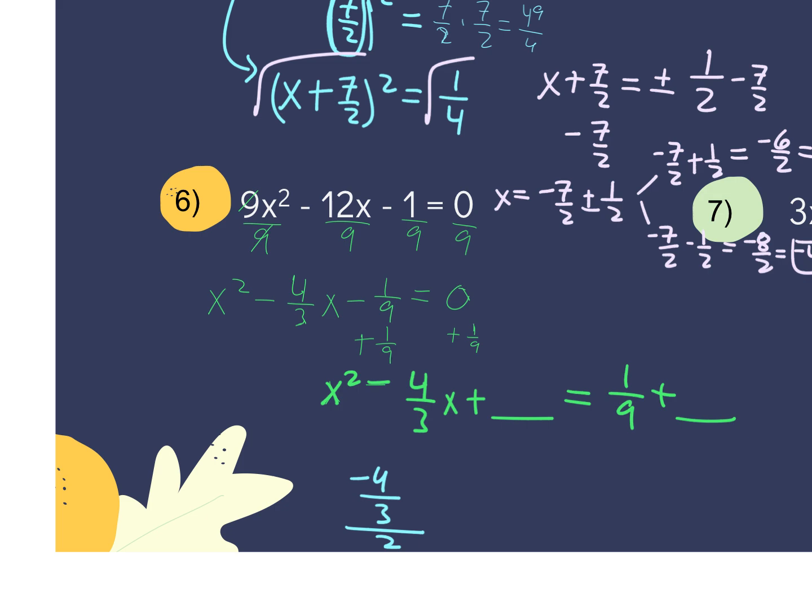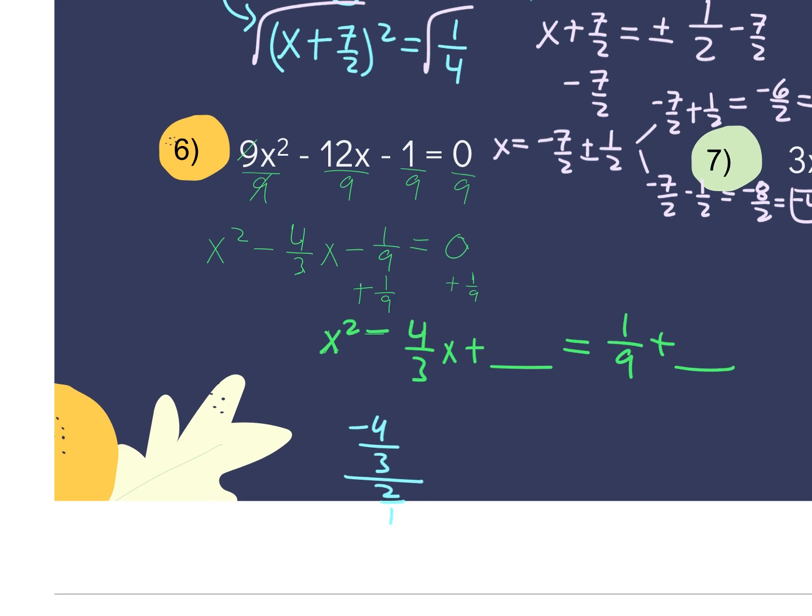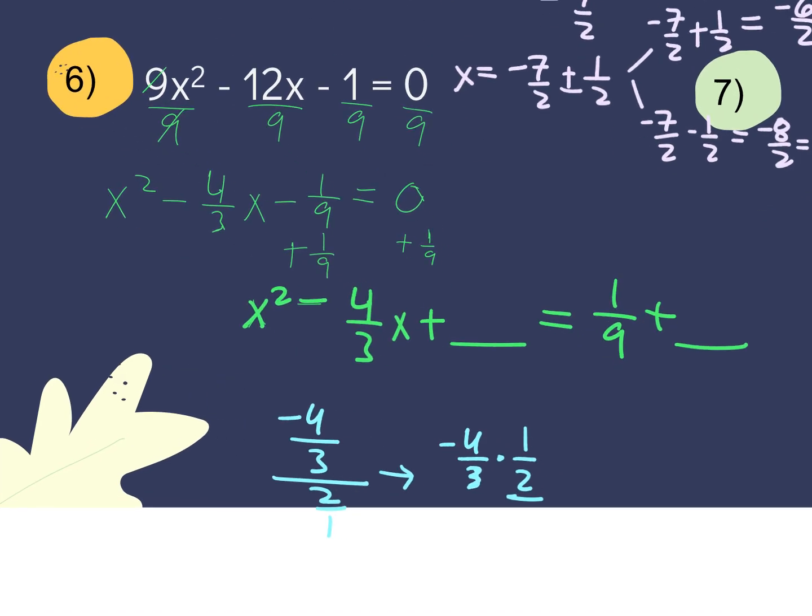So you can write it as 2 over 1, right? And then we see that we can keep change flip. So that's going to become negative 4 over 3 times the reciprocal of 2 over 1, which is 1 over 2. Or you could have started with the 1/2, and you can recognize that dividing by 2 is the exact same thing as multiplying by a half. So then this is what's going to be my b over 2, and I want to square it.